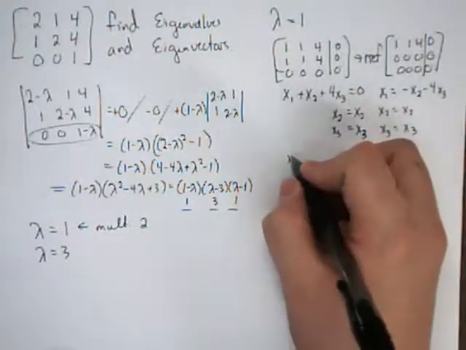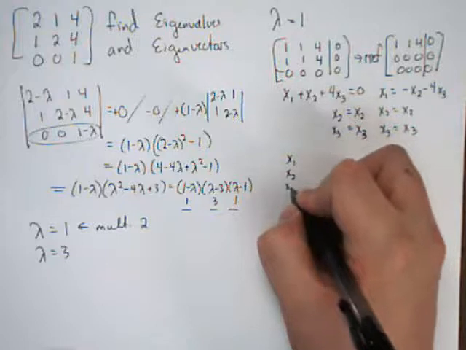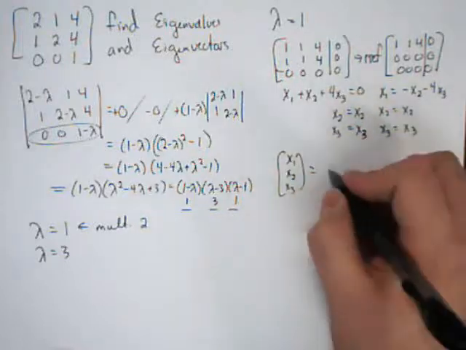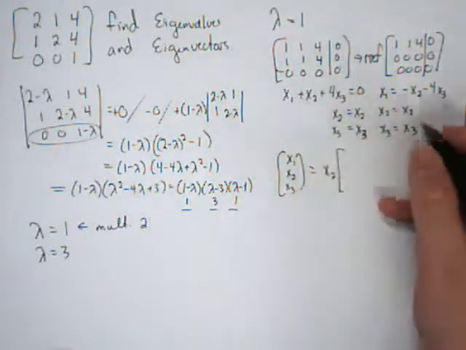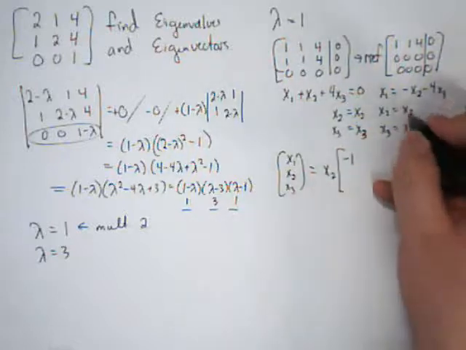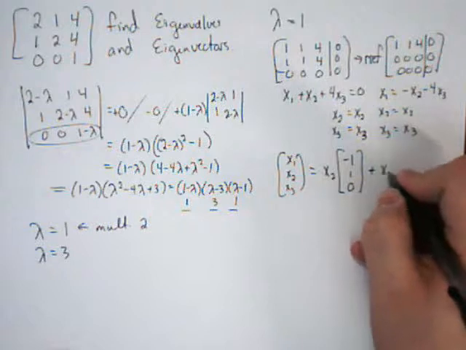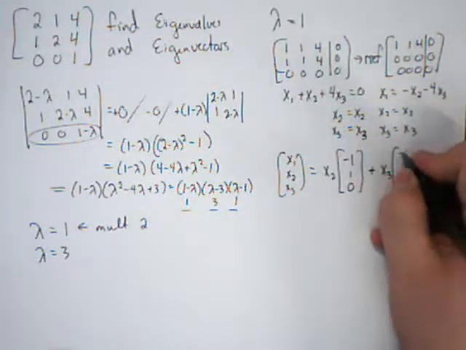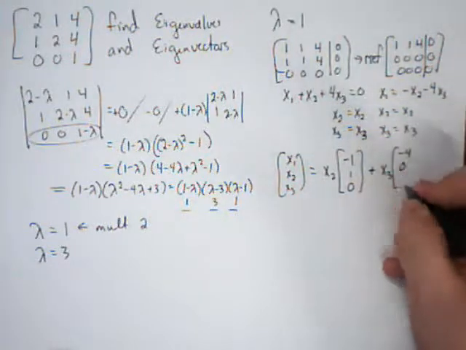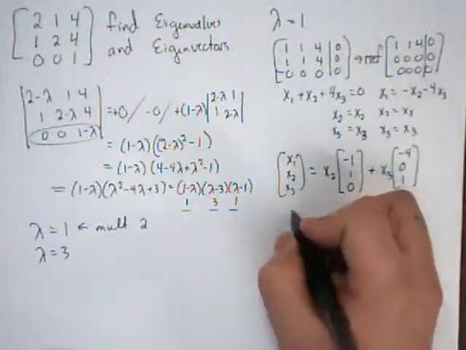We can write that in vector form as x1, x2, x3 equals, well, there's some things that are multiplied by x2. We've got a negative 1, a 1, and there's no x2 here, so 0. We also have some things multiplied by x3. There's a negative 4, no x3s there, and 1 x3 here.